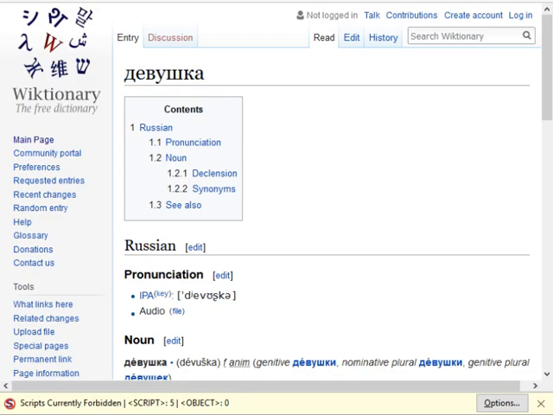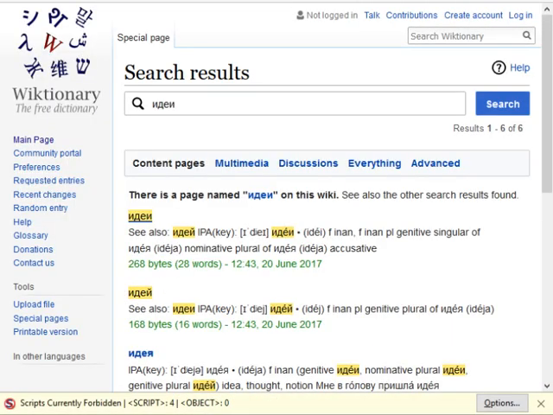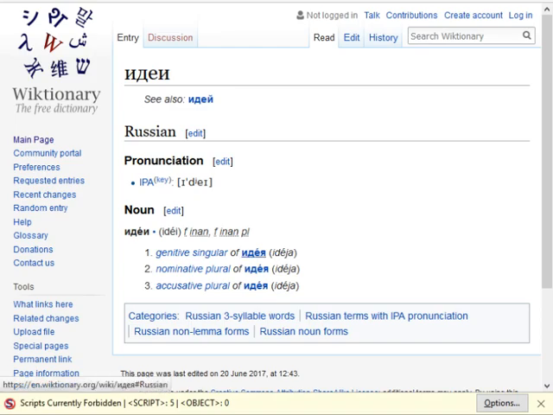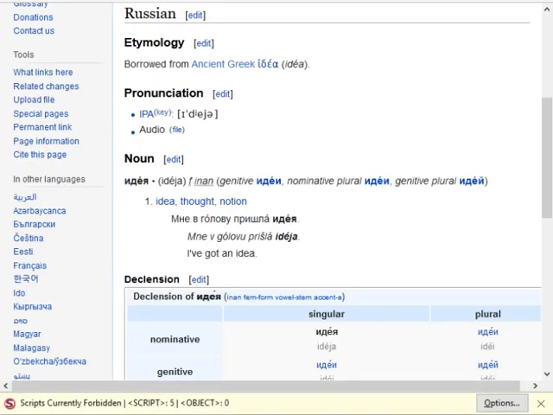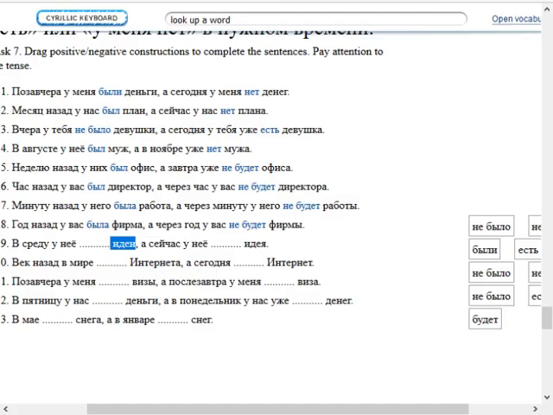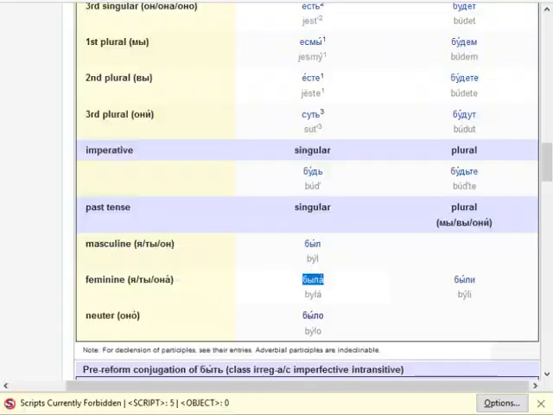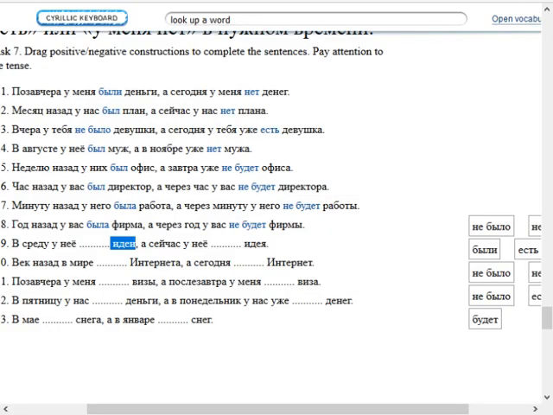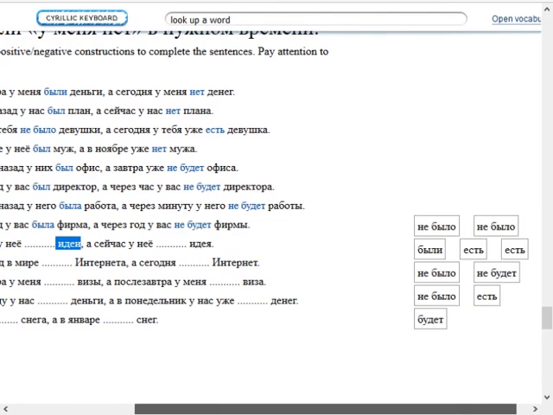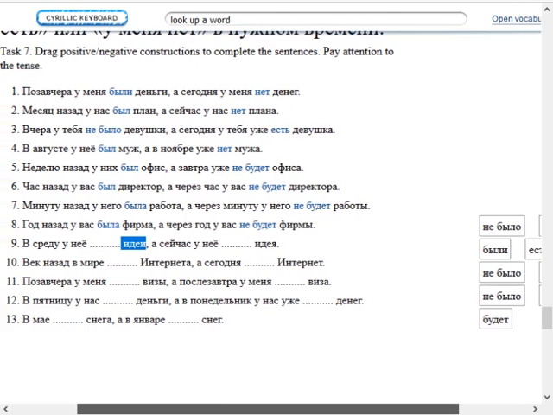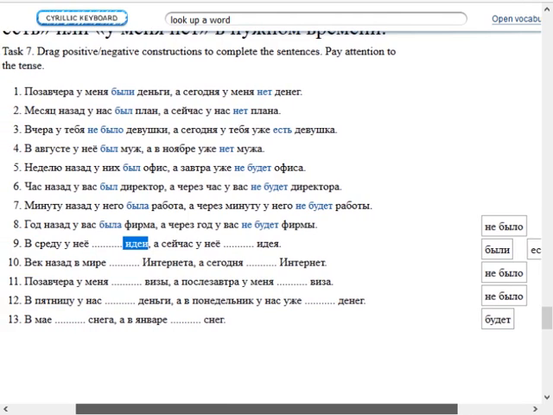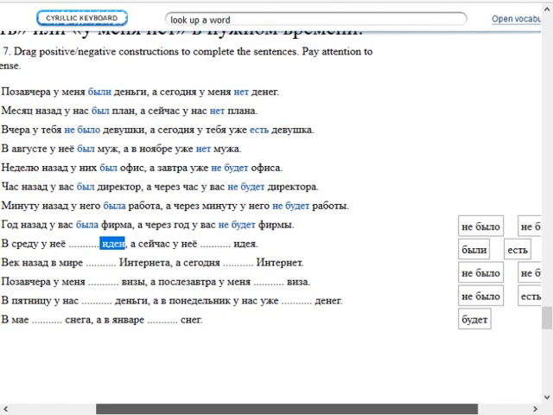Let's actually find out. Let's search for idea and see. Yeah, idea is the normal form of the noun, so it's feminine, and therefore we are looking here at past tense of a feminine noun, and past tense feminine is, once again, as we see here, была. So, в среду у него... wait, what?